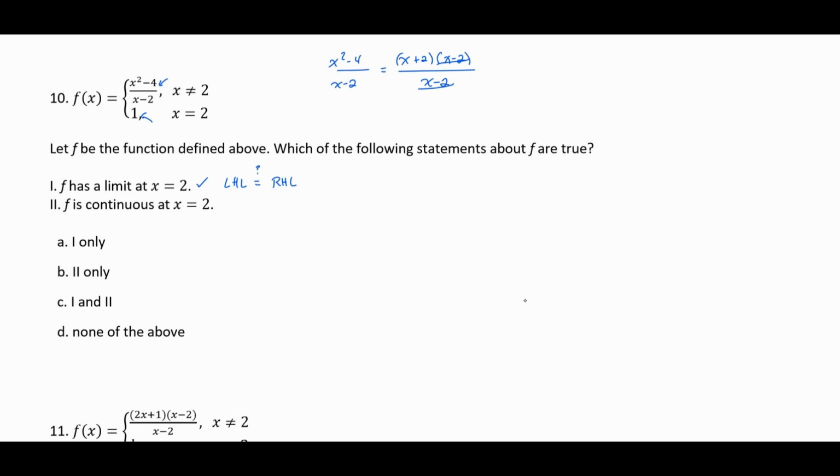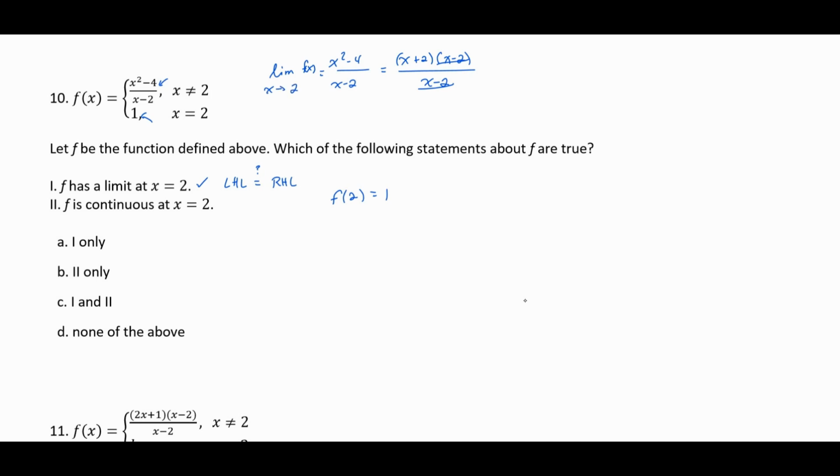Now, if we want to see if the function is continuous at 2, we need to see, does the limit and the function equal the same value at 2? So we know that f of 2 is going to equal 1 because this is what it has to equal when x is equal to 2. And I want to come back to this piece and evaluate the limit. So the limit of f of x as x approaches 2.